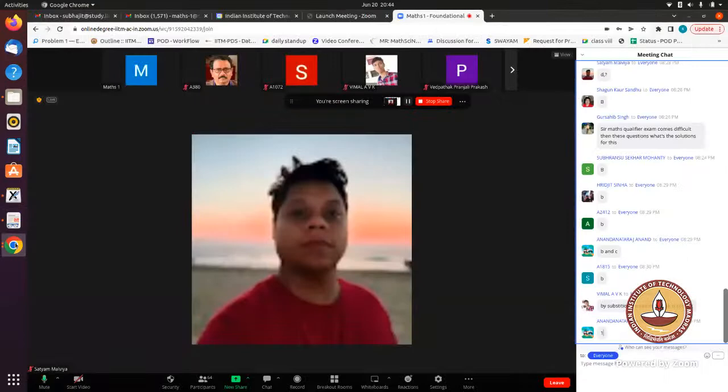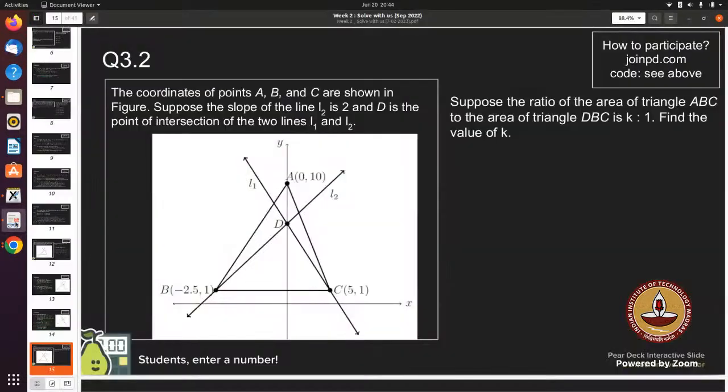One. Can it be one? I mean, just by seeing the diagram. One means area of ABC and area of DBC will be same. Can this happen? This cannot happen, right? You can see that.